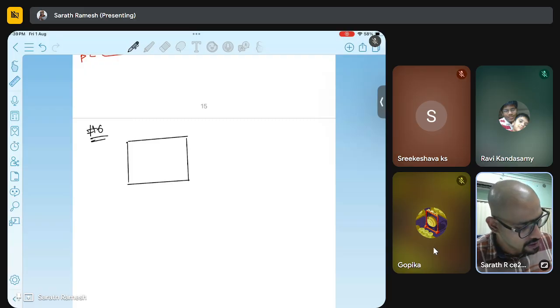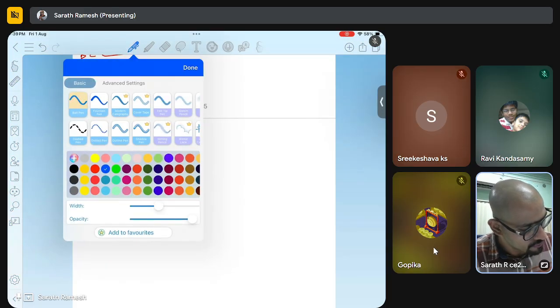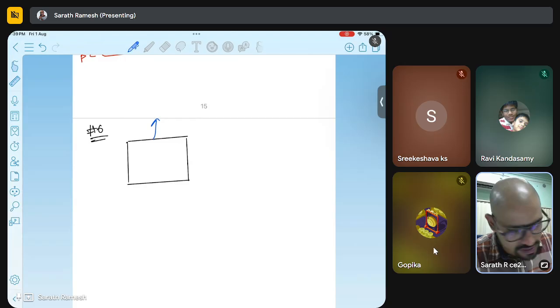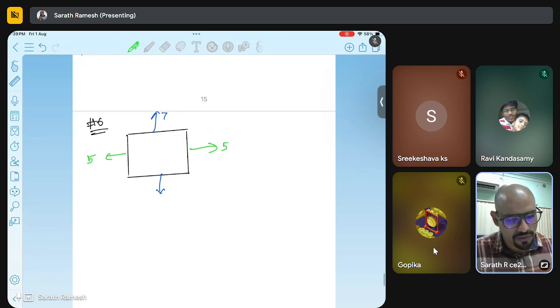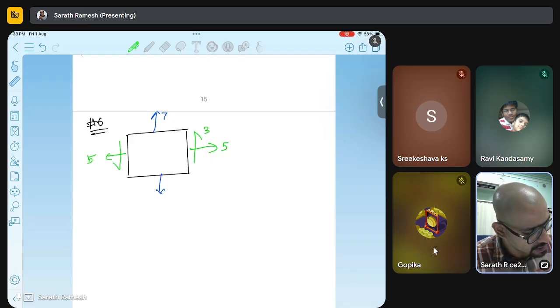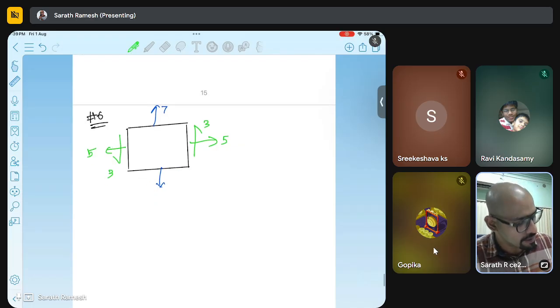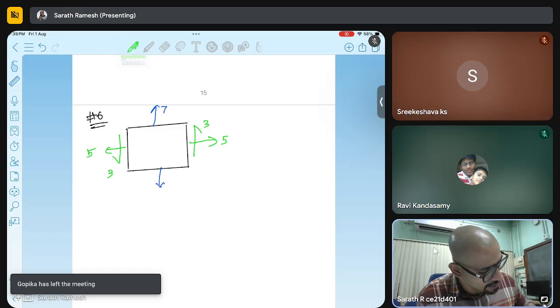So here this is 7, this is 7. And this is 5, this is also 5. And this is 3. We need to find what is sigma xx, what is sigma yy.